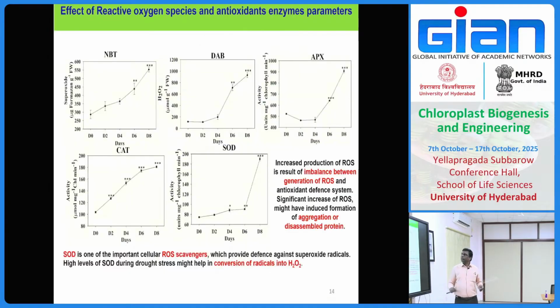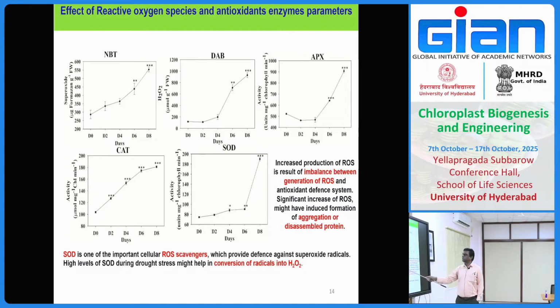So what we have measured are superoxides, H2O2, APX, catalase, and SOD. You can see here a significant, many-fold increase of all these, an indication that these are all playing a major role in protecting against the drought.